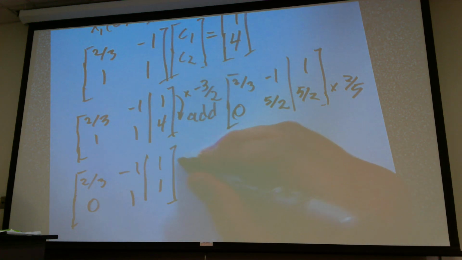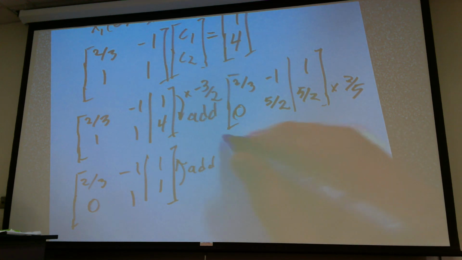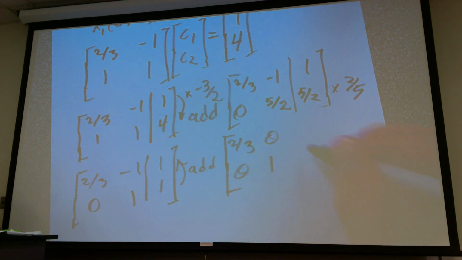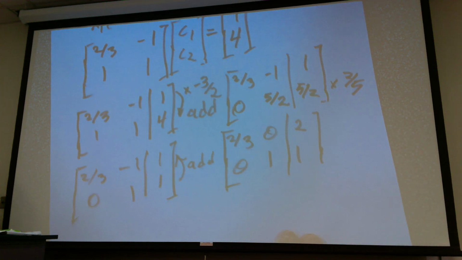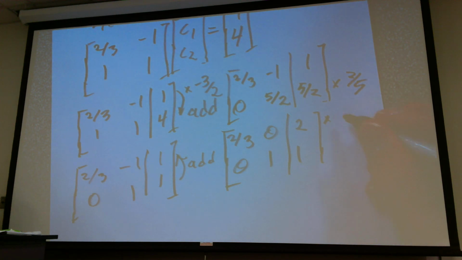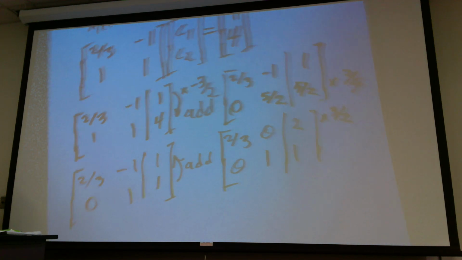All right, now I'm just going to add upwards. So that would be 2/3, 0, 0, 1, augment 1, 2. Okay? And then I'm going to multiply by 3 divided by 2.